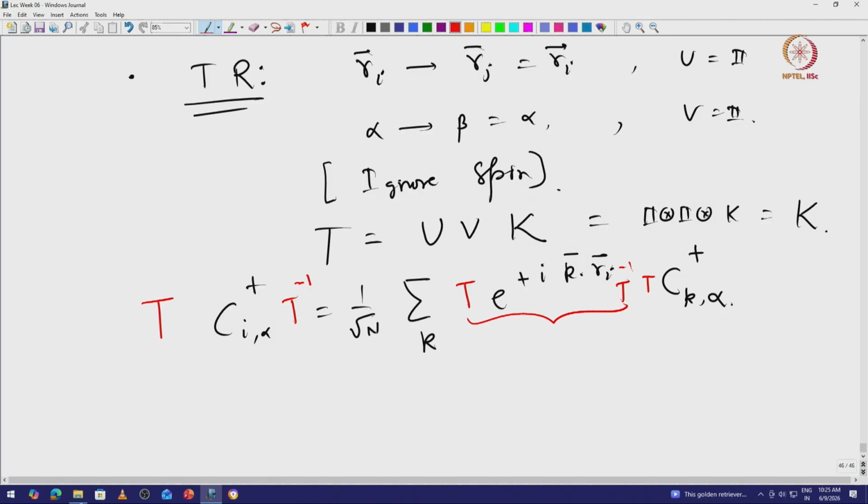Everybody else remains the same: i remains i, R_i remains R_i, and alpha remains alpha, so nothing changes.